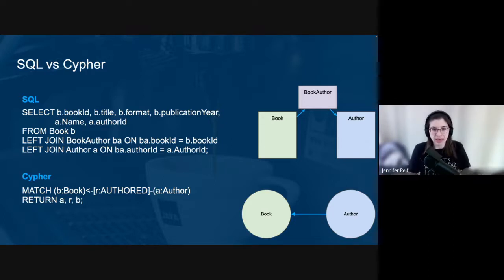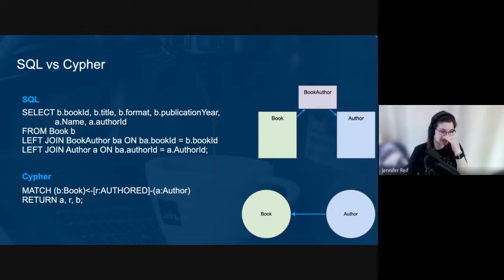And of course, if you're dealing with, for instance, my data set has about 10,000 books, over 12,000 authors, and that's just a subset of the full data set I pulled in. And so if you were querying across tables that were potentially hundreds of thousands or millions of rows long, that query could get more cumbersome. And if you wanted to pull reviews on top of that, it would get even more so.